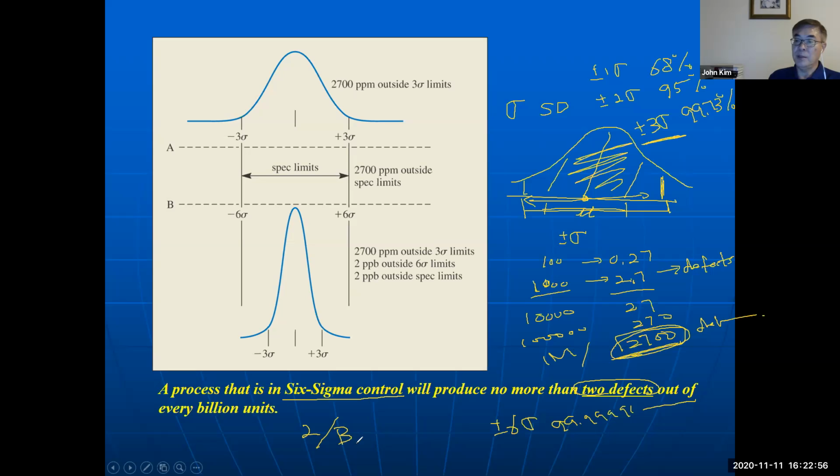But a billion is too many to count, so many companies use the 1 out of a million criteria. Under this 6 sigma quality control, not many companies use 2 out of a billion. Instead, they use 1 out of a million.